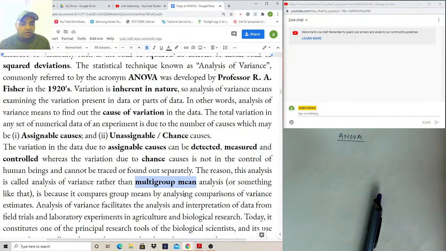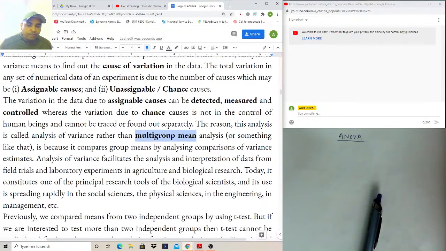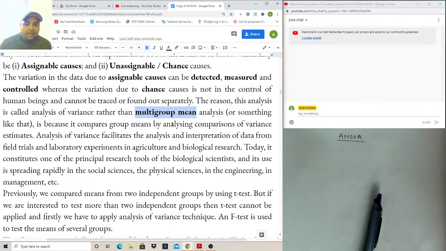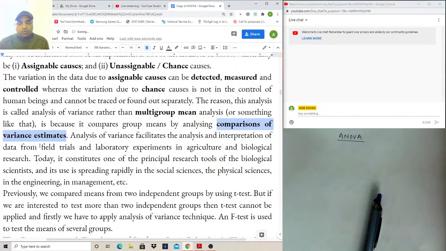Why? Because it compares group means by analyzing comparisons of variance estimates, and that is why it is called analysis of variance.